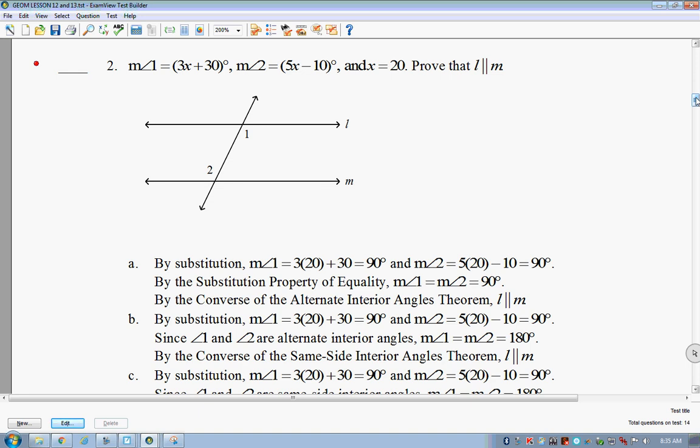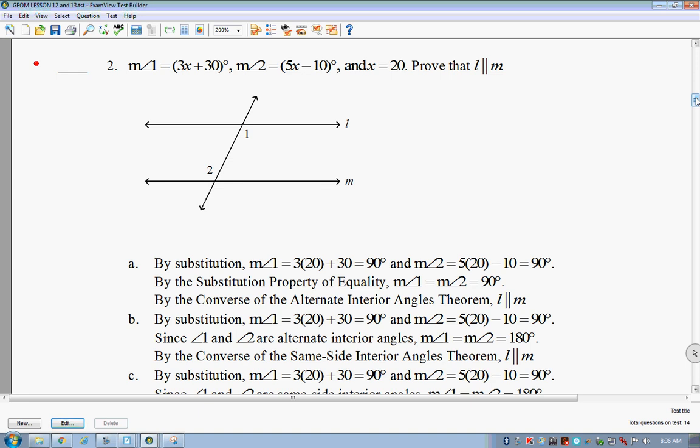Corresponding. You need help with another one? Okay, somebody give him another one. There's corresponding angles. What else? Alternate interior, that's 2. Same side interior. One more. Alternate exterior. Okay.